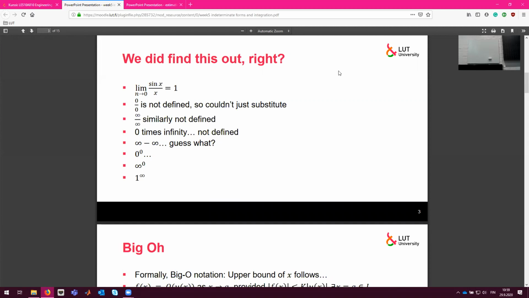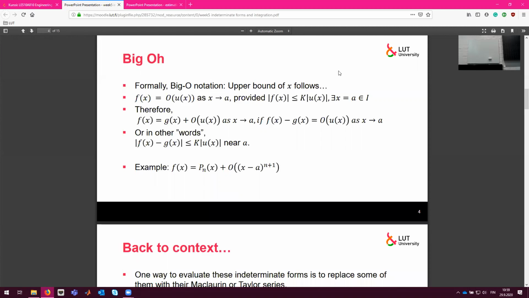We can use some methods, but first, an introduction to the big O notation. If we talk about computational complexity, you're going to run into the big O notation there as well.